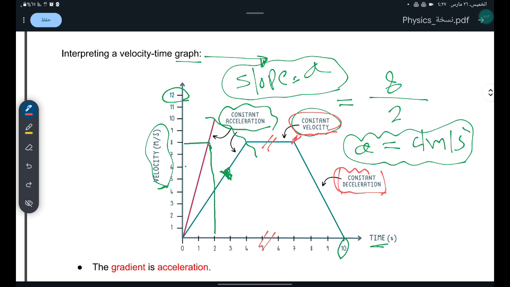So when you see velocity on the vertical axis and time on the horizontal axis, that means the slope here equals acceleration.